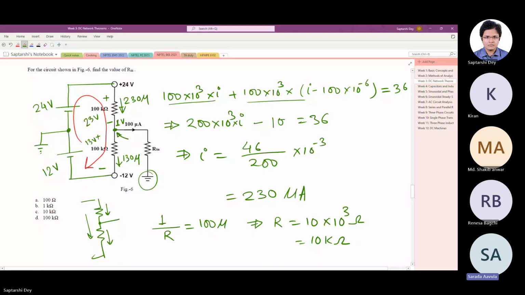Then are 100K and R in parallel? Not parallel, you cannot call it parallel, because this is minus 12 volts, which was not grounded. Yes, sir, understood.